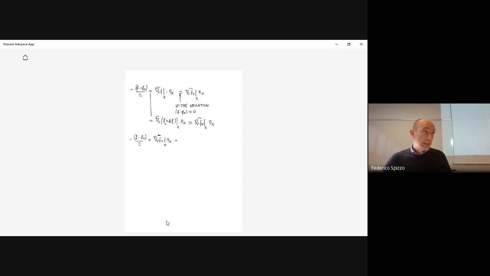F0 depends on the energy, and the energy depends on the velocity. So we may express this by writing the gradient as the derivative of F with respect to the energy times the gradient of the energy with respect to the velocity.